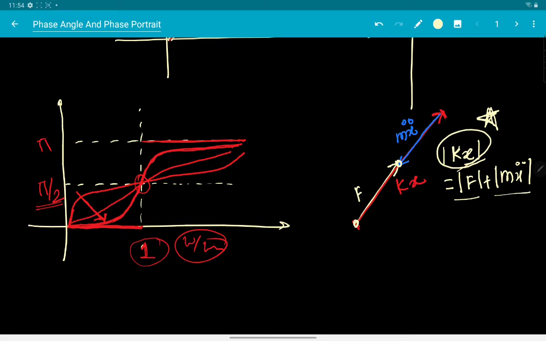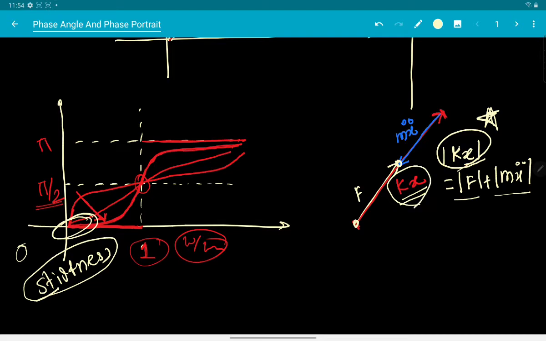So in this region, when you have smaller values of phi, that is when phi is equal to 0, then you can say that this region is stiffness dominated region. Whenever you see smaller values of phi, that implies a much larger value of kx as compared to all other forces. So the dominant force will be the stiffness force, and hence the system's behavior will be governed entirely by the stiffness.